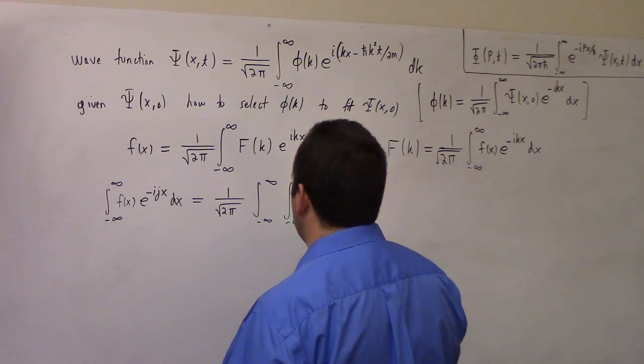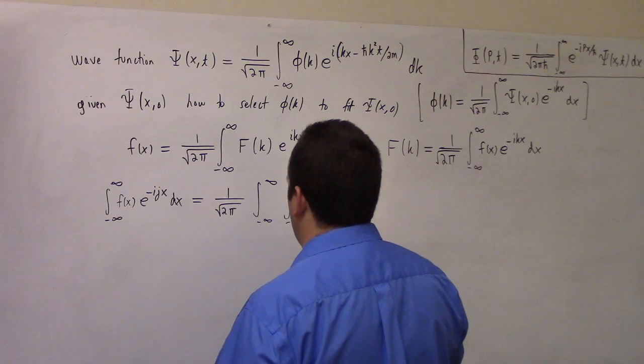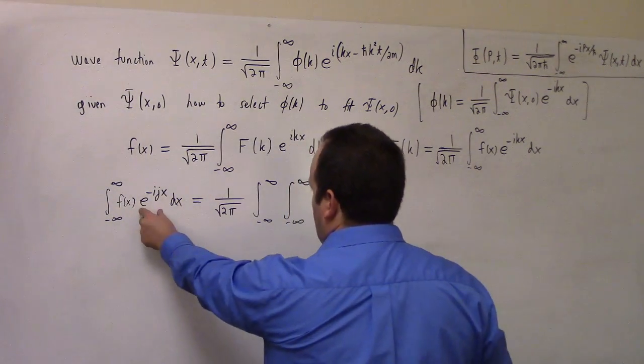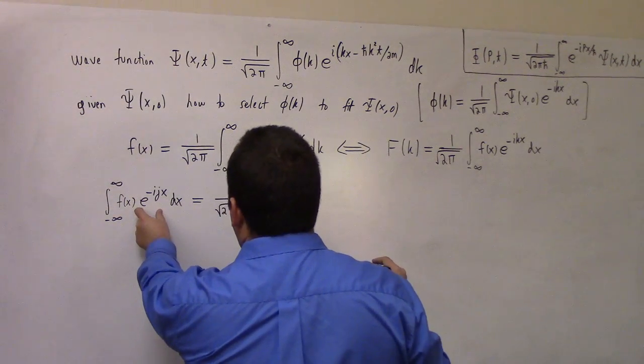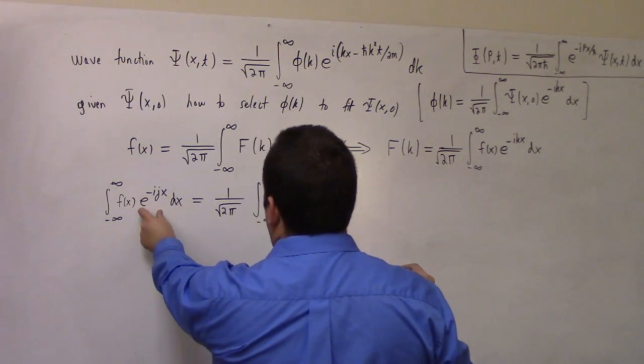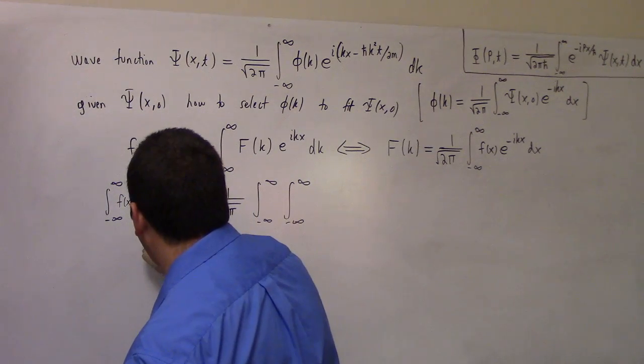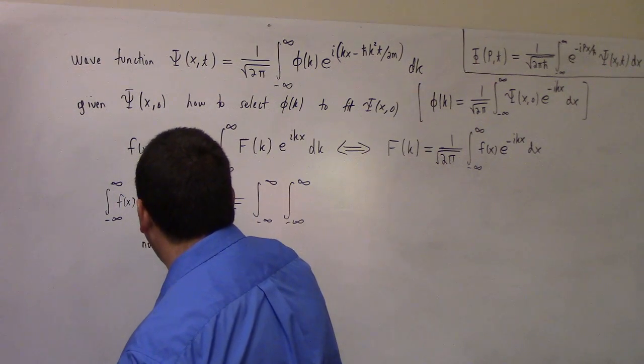Let's see here. My point is that e to the minus i j x is a constant. Does that have any k dependence? Wait, where did the j come from again? I made it up.